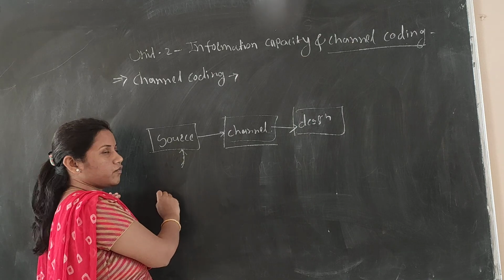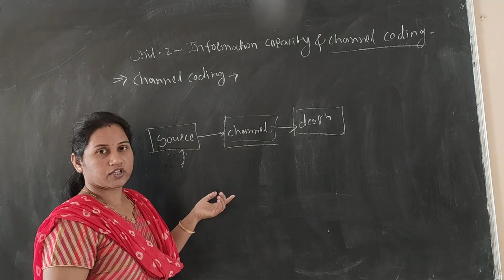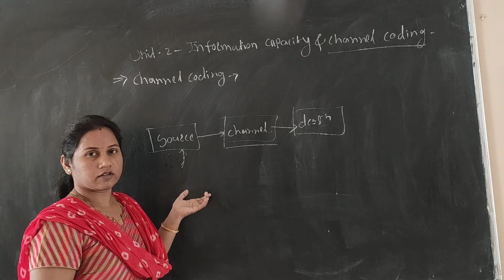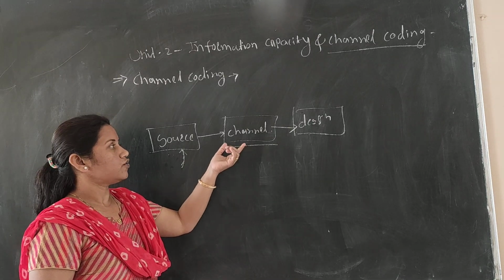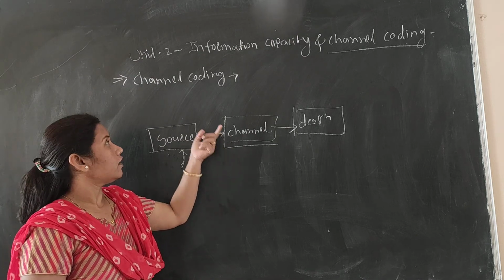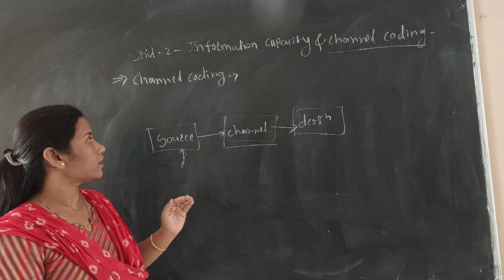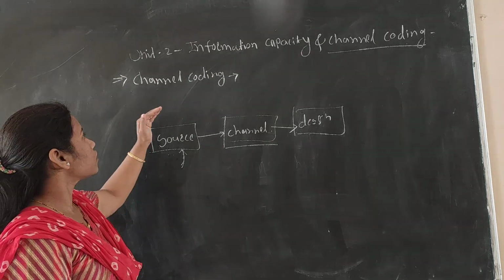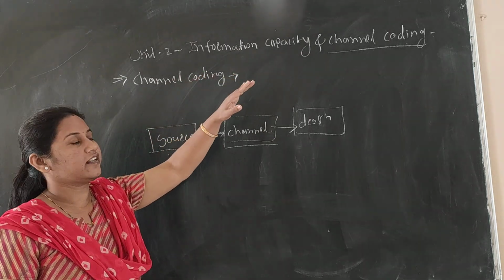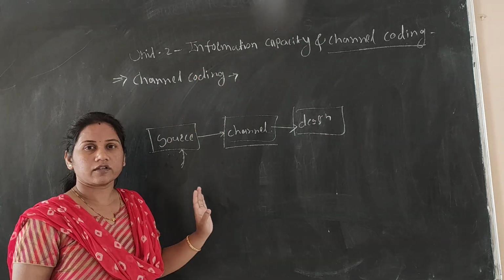Now, in the first unit, we discussed the source. The second thing: in the communication or transmission, we require a channel, so we have to focus on the channel. That's why our second unit of the Information Theory and Source Coding subject covers information capacity and channel coding. We have already discussed information capacity.